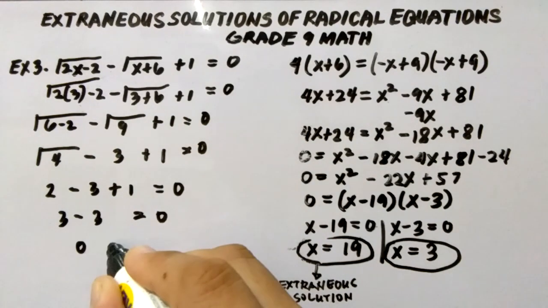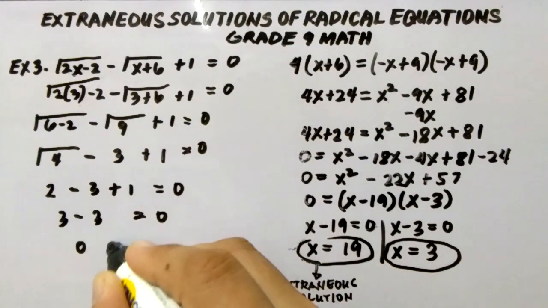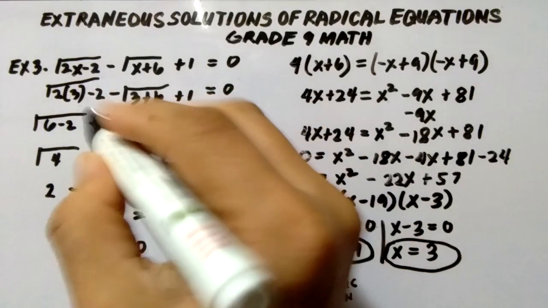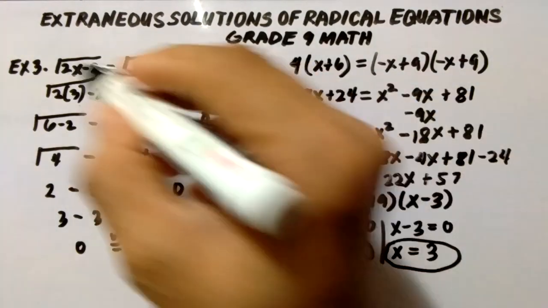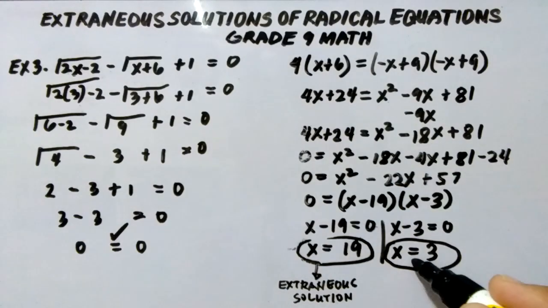So 0 is equals to 0. Okay, so nag-fit po siya, nag-equal. So therefore, x is equals to 3 is the solution set on this equation. So x is equals to 3 is the true solution.